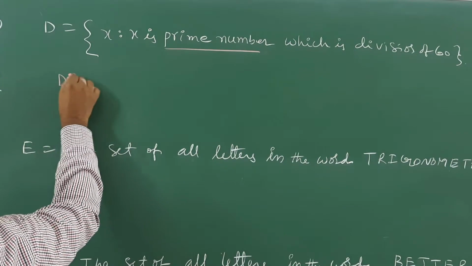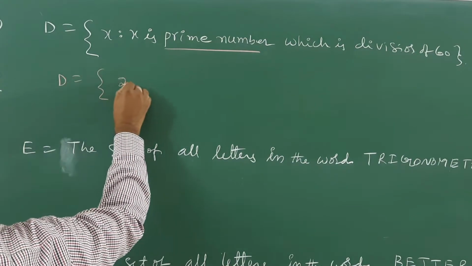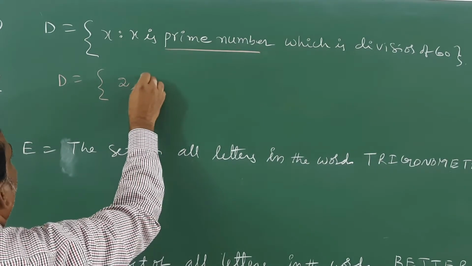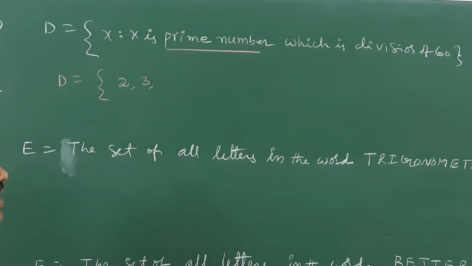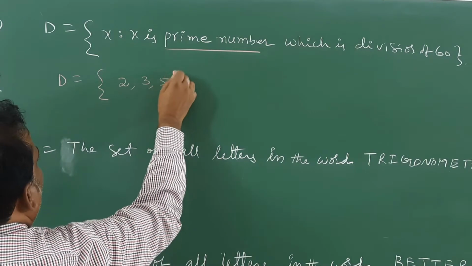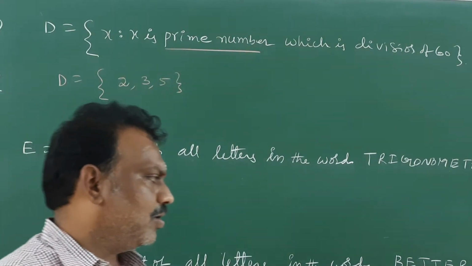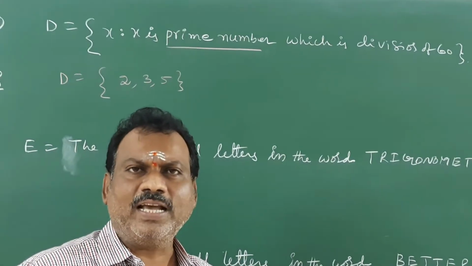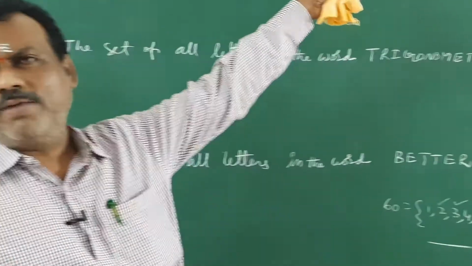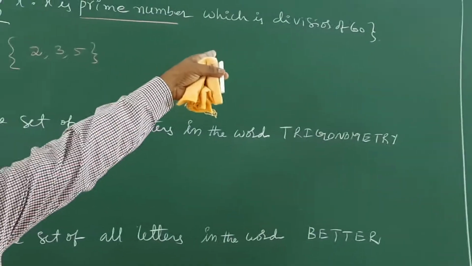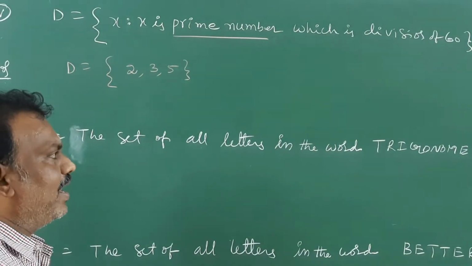So D is equal to 2, a prime number, which divides 60 thirty times; 3, a prime number, which divides 60 twenty times; 5, a prime number, which divides 60 twelve times. So no other prime number exists which is prime as well as a divisor of 60. Correct, students? So that is the required answer.